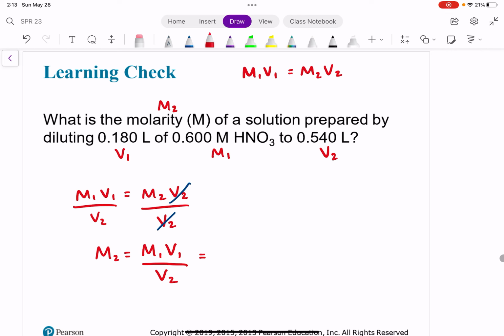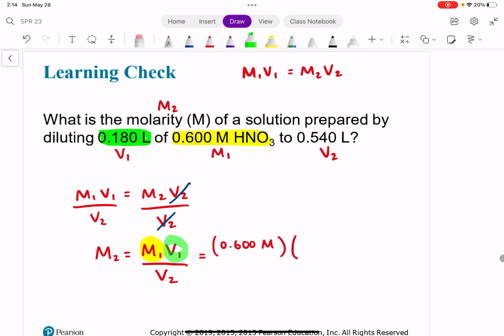So M1, let's color code that, I'll put it in yellow. M1 goes there, that's 0.600 molar HNO3. And then what's my V1? V1 will be green.